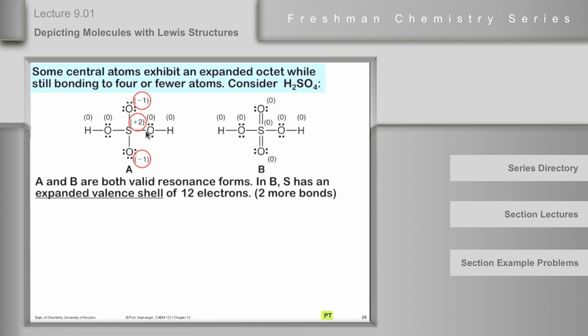And even though A and B are both valid resonance forms, the formal charge rules suggest that B is a better representation of sulfuric acid's molecule and the bonding in it than A is, even though sulfur has 4, 6, 8, 10, 12 electrons around it.